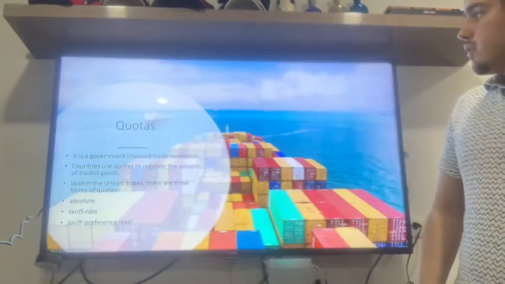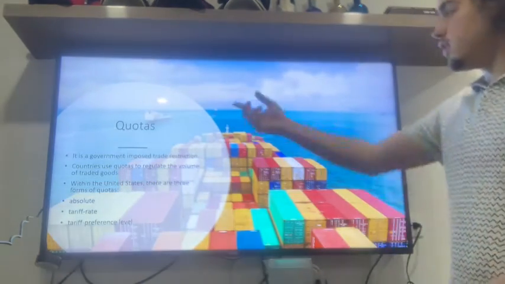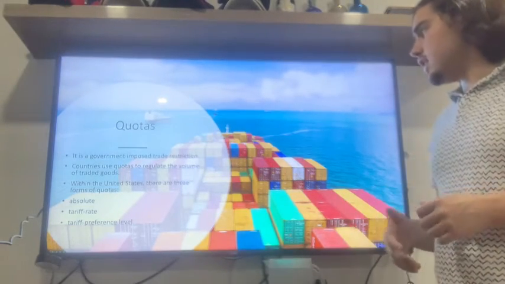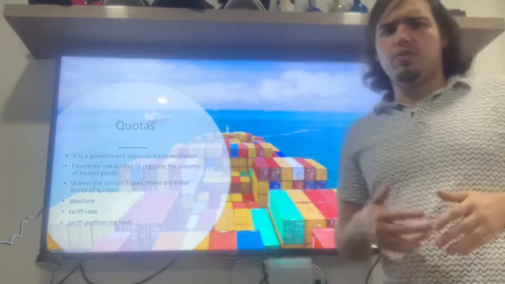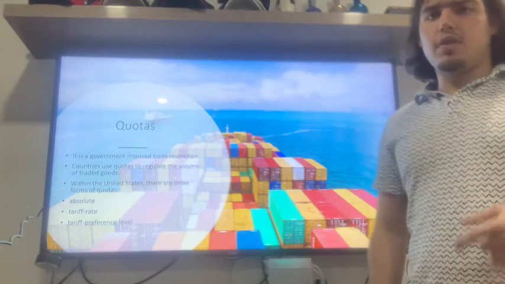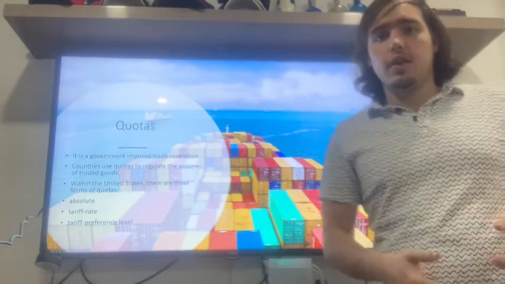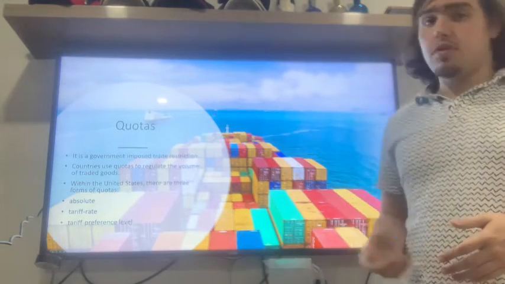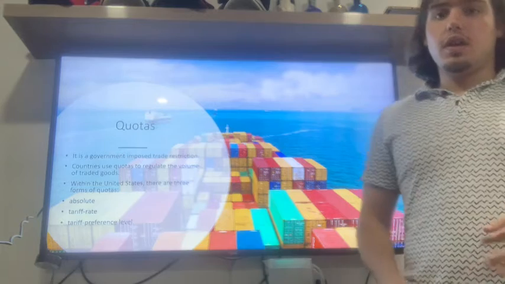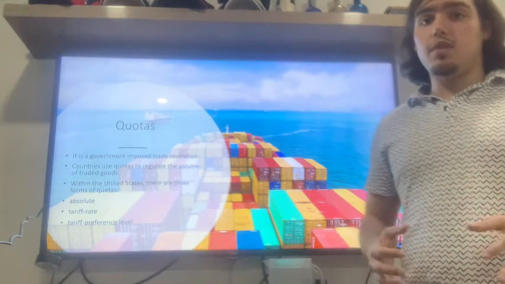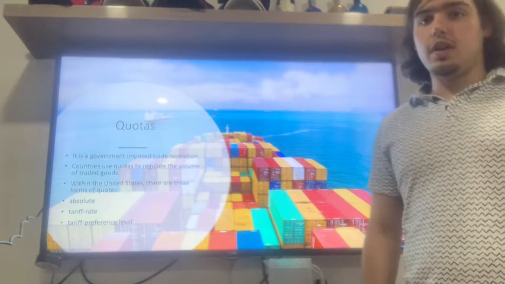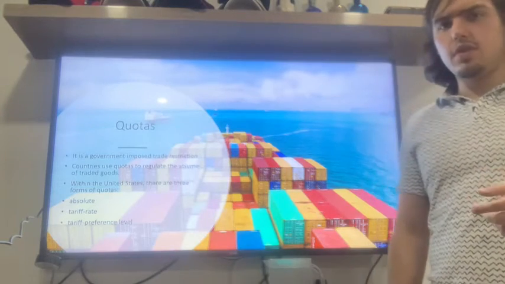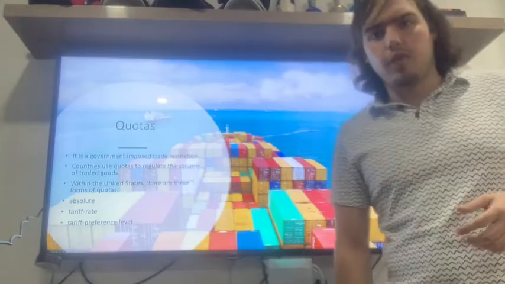The third trade barrier we're going to see is quotas. A quota is a government-imposed trade restriction with the purpose of limiting quantities of goods traded. Countries use quotas to regulate the volume of traded goods. In theory, they boost domestic production by limiting foreign competition.